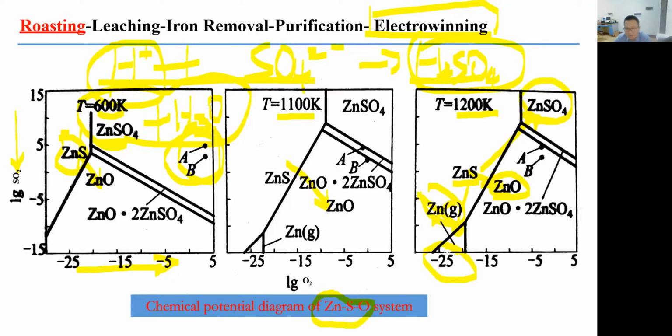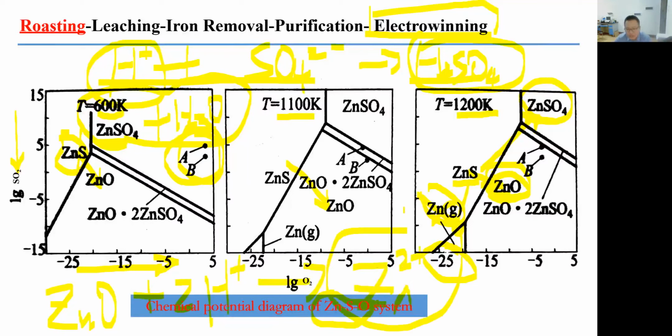And another one is about the zinc oxide. When we have zinc oxide, it can be the best product of the roasting process, because zinc oxide can be leached with acid, and we can get the zinc ions into the aqueous solution system.